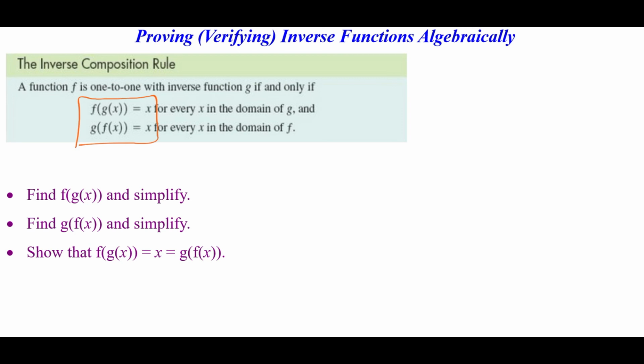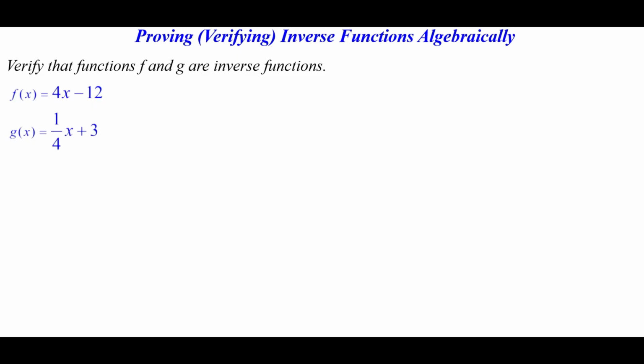So let's take a look at an example here. Here we have f of x is 4x minus 12 and g of x is 1/4 x plus 3. So remember, if we want to prove or verify, both of those words tell us that we have to do this procedure. We're going to start by doing f of g of x, which is going to give me f of 1/4 x plus 3, which remember means we're going to take this 1/4 x plus 3 and plug it into the f function.